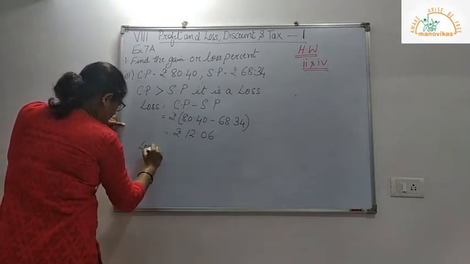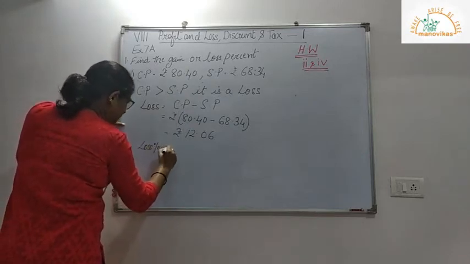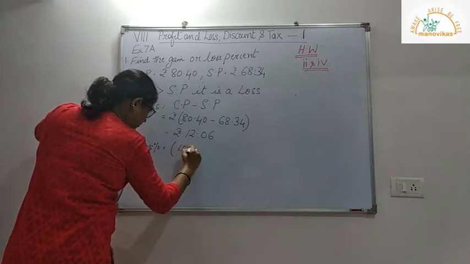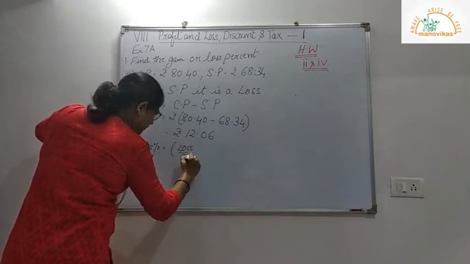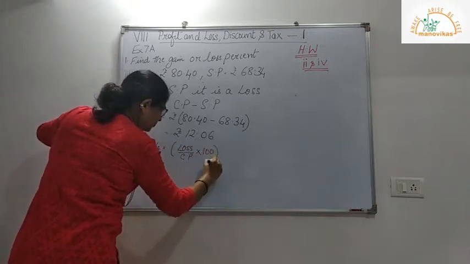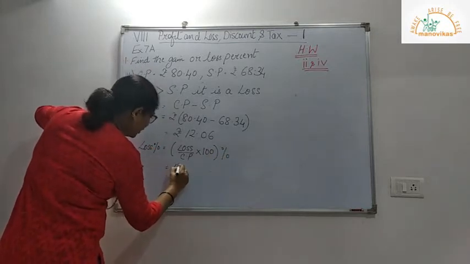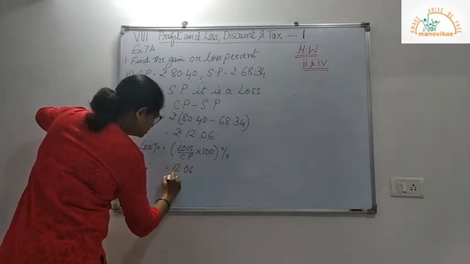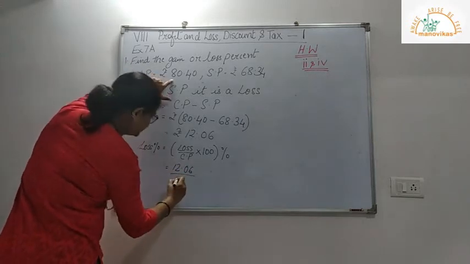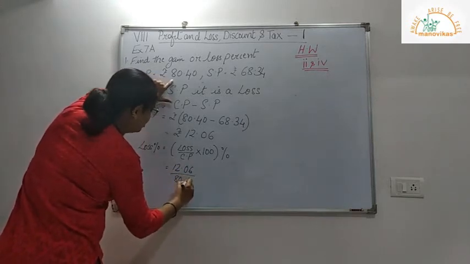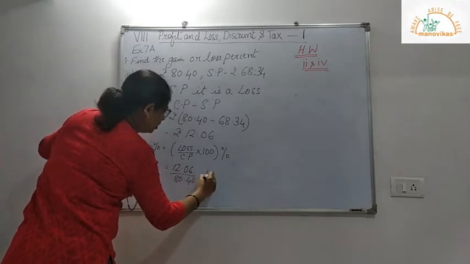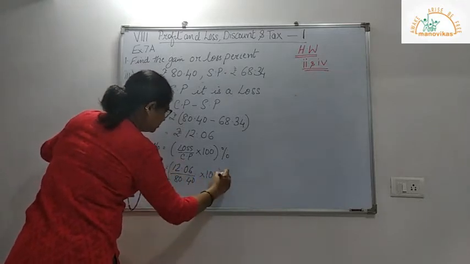Now moving on to find the loss percentage. Loss percentage is equal to loss upon cost price into 100%. Now my loss is 12.06 divided by the cost price, that is 80.40, into 100%.